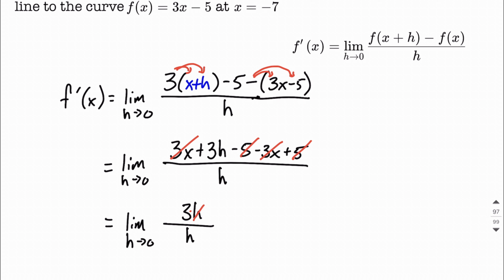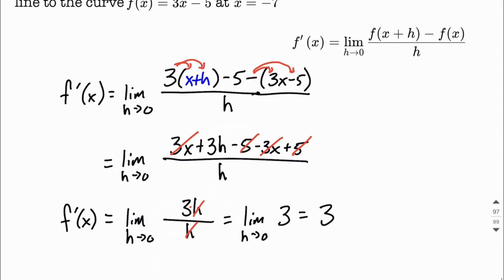So h over h makes 1. In this case, we end up with the limit as h approaches 0 of simply 3. There are no h's left over, so if we plug 0 in for our h, there aren't any h's, and we're just left with 3. So our derivative, f prime of x, is simply going to equal 3.